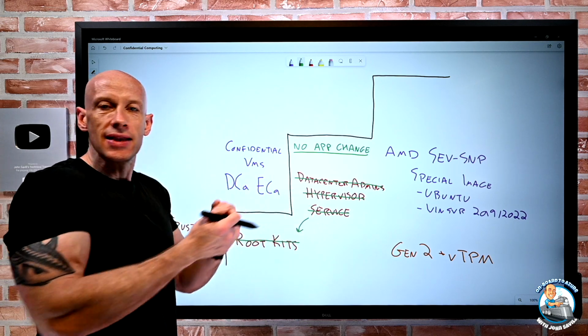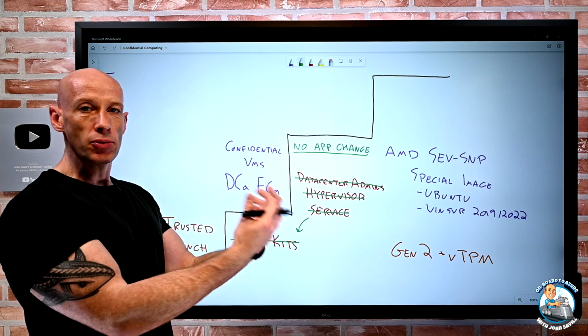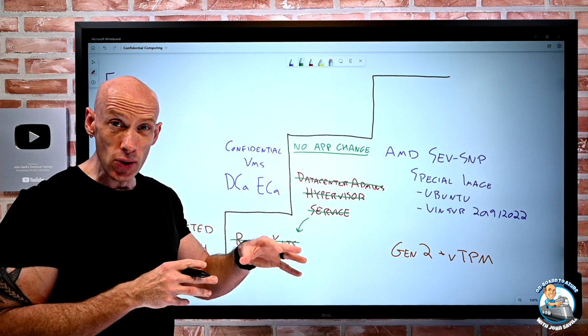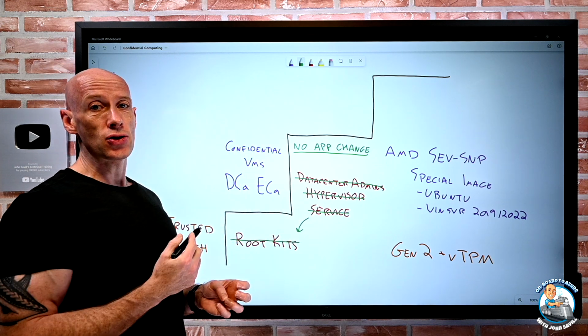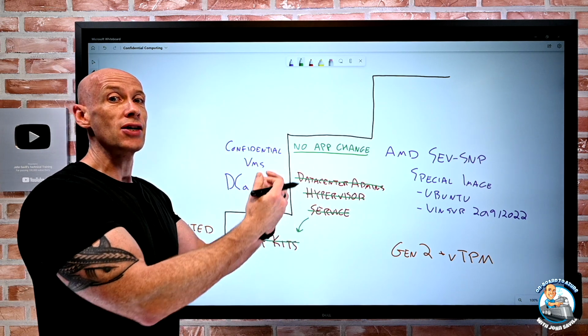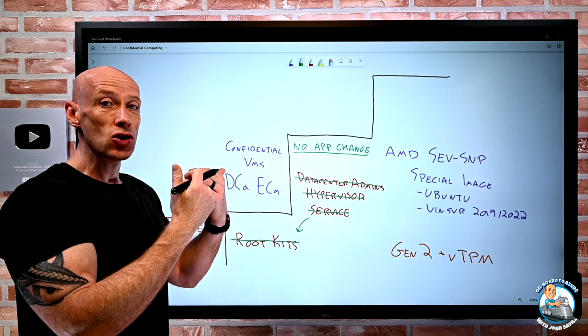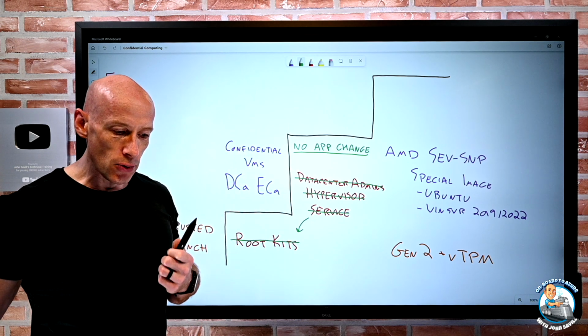So I can't take the disk and plug it into something else. They're all tied together. The encryption of the OS disk, if I choose to do that, can be tied to the fact, hey, it is this confidential virtual machine. I need the attestation to unlock from Azure Key Vault the key that's being used to decrypt all of this. So I can bring all of those things together.